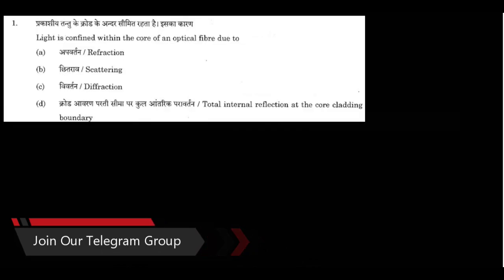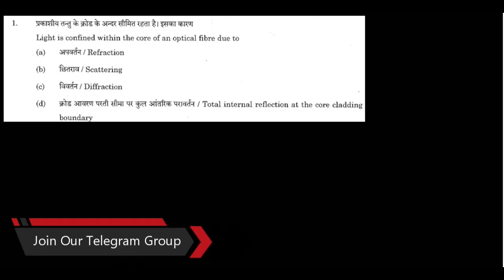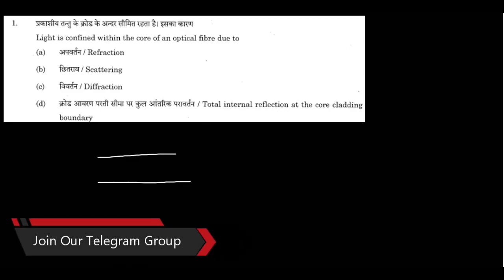First question. Light is confined within the core of an optical fiber due to... So this is based on fiber optics. In the fiber optic cable, we have a core.